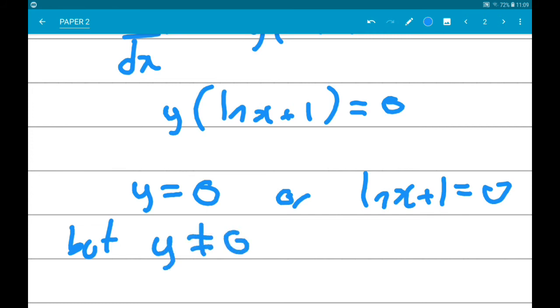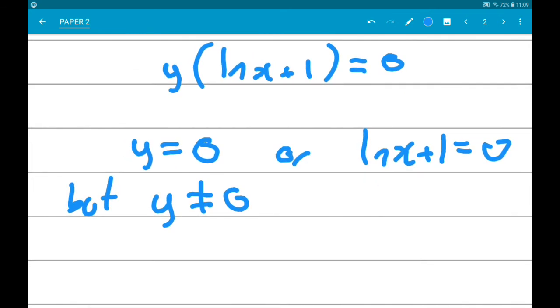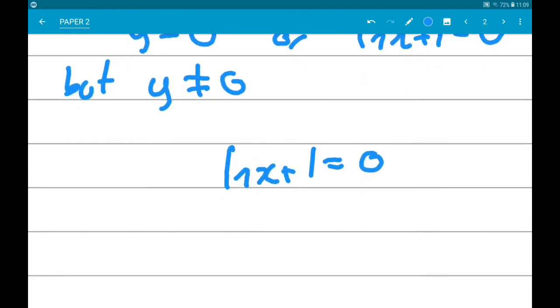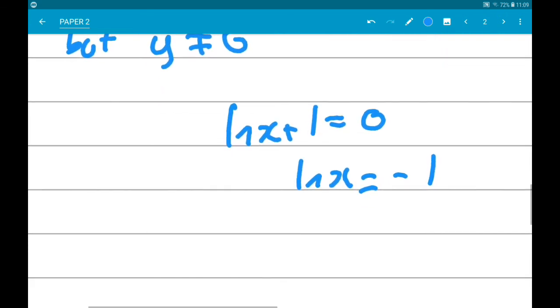So we're dealing with log x add 1 is 0. So log x is minus 1. Now, exponentiate both sides, and we get x is e to the minus 1, or 1 over e.